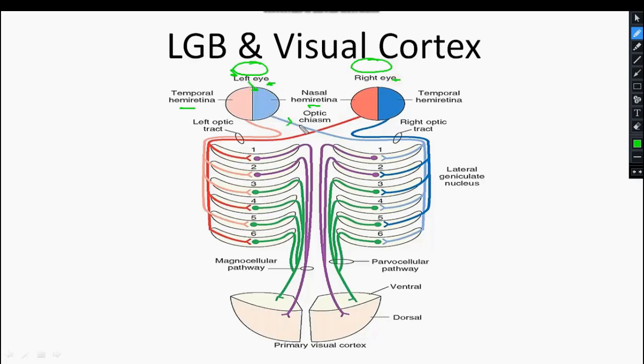The fiber of the nasal side of the eye is now contralateral, whereas the fiber of the temporal side of the retina remains ipsilateral.